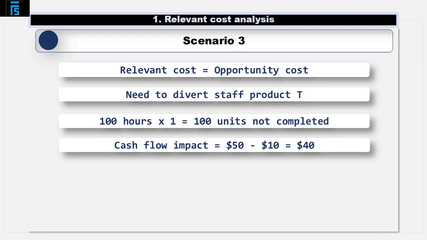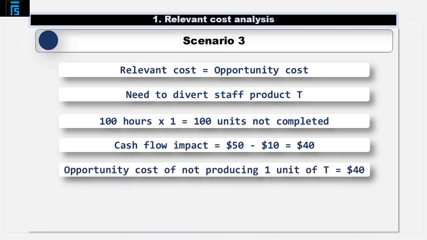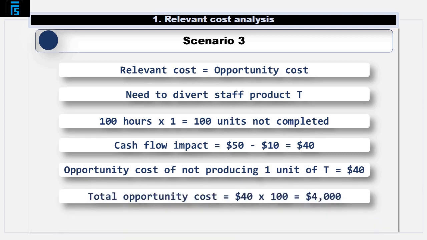So, the cash flow impact of diverting the staff from product T would be the lost sales proceeds of $50 per unit, less the material cost of $10 per unit that would be saved. The opportunity cost of not producing 1 unit of T is $40, meaning a total opportunity cost, or relevant cost, of $4,000, being $40 per unit multiplied by 100 units, given that 100 units of T would now not be produced.